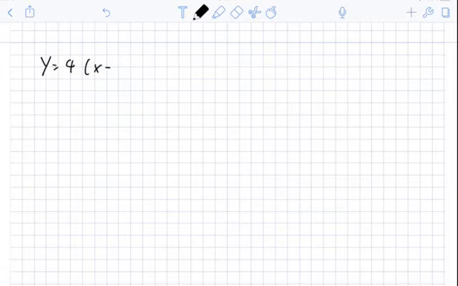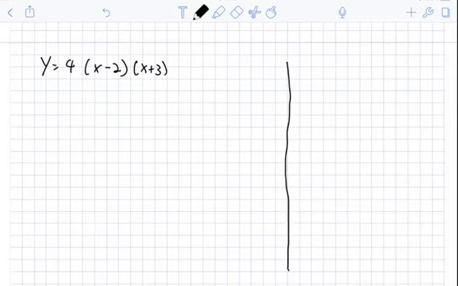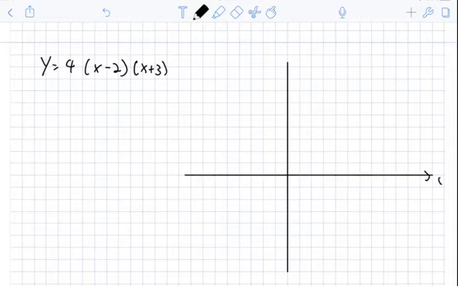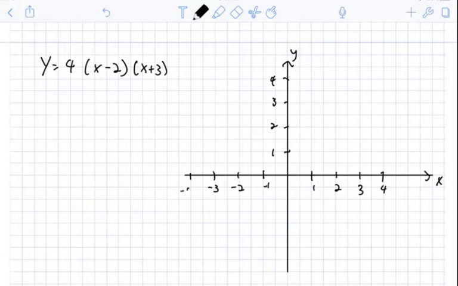Here's a function in its factored form. What can this tell us? In this one, we don't know what the vertex is, right?